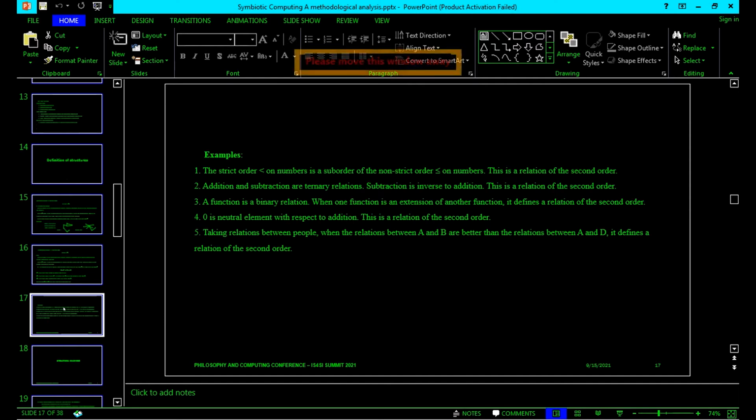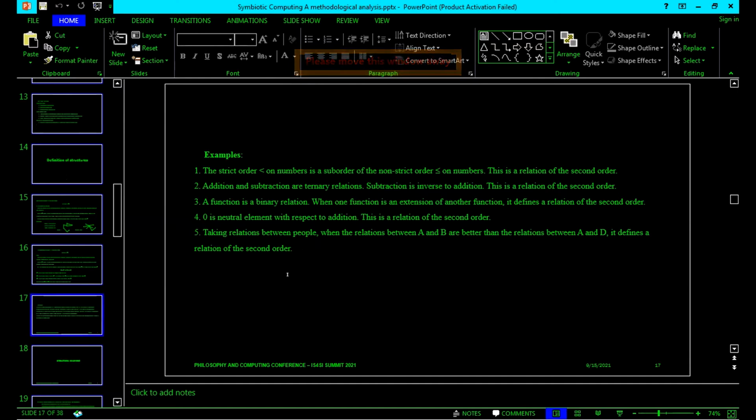A suborder is a relation of the second order. Addition and subtraction are ternary relations. Subtraction is inverse to addition, so this inversion is a relation of the second order.